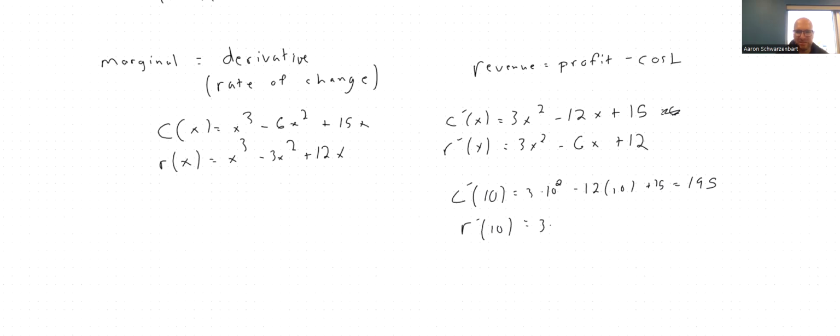Then for revenue, three times 10 squared is 300 again, minus 60 is 240, plus 12 is 252. So that is the rate of change of cost to produce a radiator, and the rate of change in revenue, when I'm producing 10 radiators. The calculus here is really easy. The interpreting is the harder part. Does that make sense? And that's the end of your lesson.